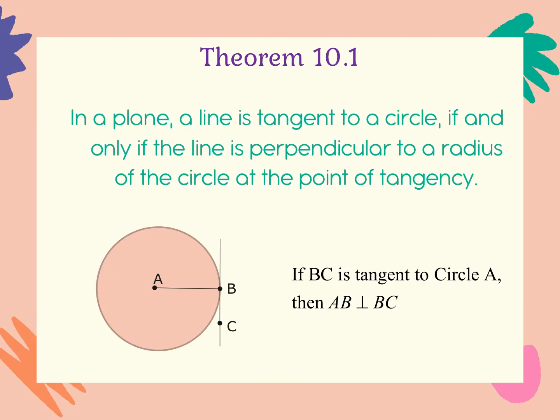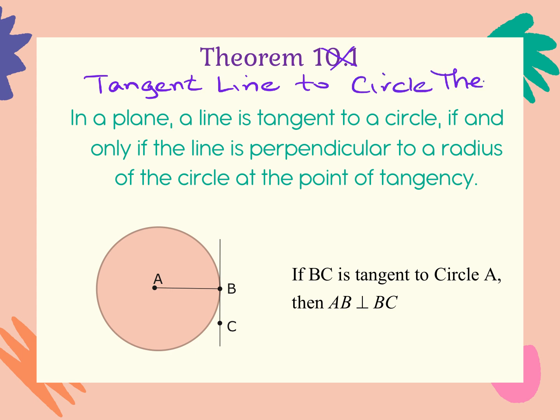All right, so Theorem 10.1, again, don't memorize the number. It actually has a name, and this one is called the tangent line to a circle theorem. And what this states is that in a plane, a line is tangent to a circle if and only if the line is perpendicular to a radius of the circle at the point of tangency.